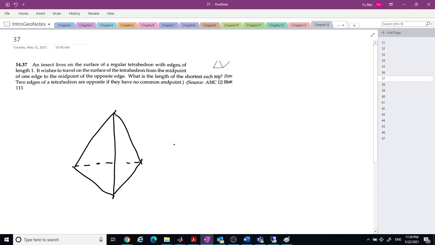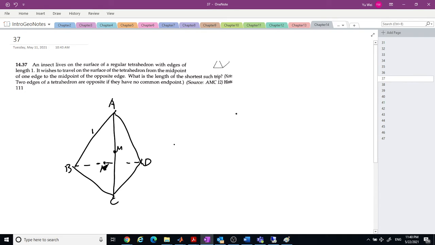The edge is 1, and it wishes to travel on the surface from the midpoint of one edge of the tetrahedron A, B, C, D to the midpoint of the opposite edge. We cannot travel through the space, right? We have to travel through the surface. So what is the shortest path?